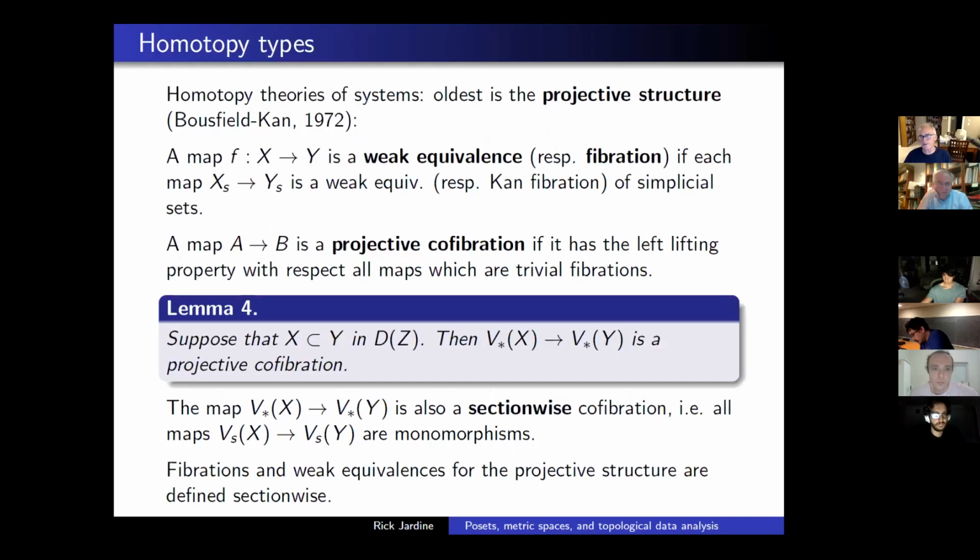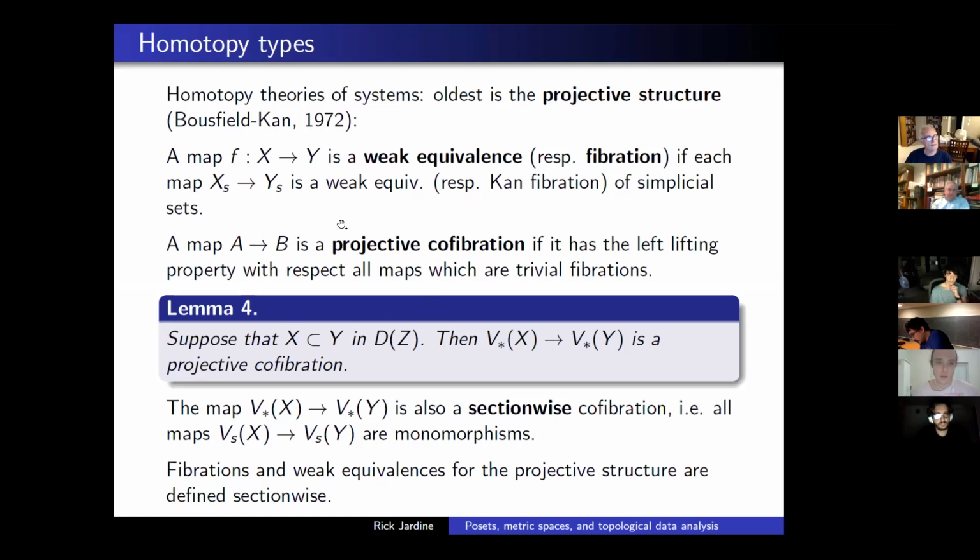These things have homotopy types, and they've been understood for a long time. So there are various homotopy theories of these systems, or diagrams of simplicial sets. And the oldest is the so-called projective model structure of Bousfield and Kan, which first appeared in their book in 1972, although they don't call it a projective structure. They may not call it a model structure. I don't think Quillen's homotopical algebra had been around so long then.